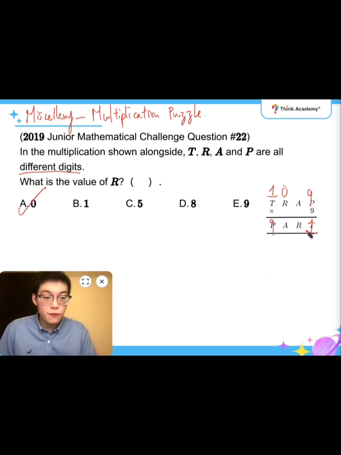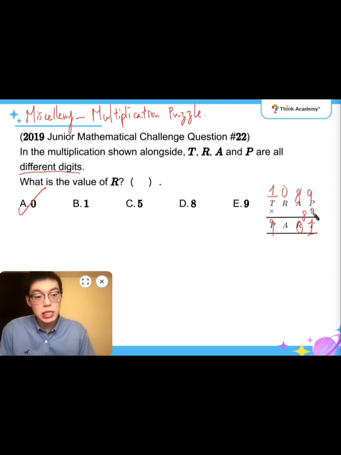And if you want to investigate one step further to solve the whole puzzle, that would be easy as well. 9 times 9 is 81 with a carryover of 8, right? And 9 times a adding 8 ends with a 0. So it means that 9 times a must end with a 2. What times 9 ends with a 2? 8, right? 8 times 9 is 72.